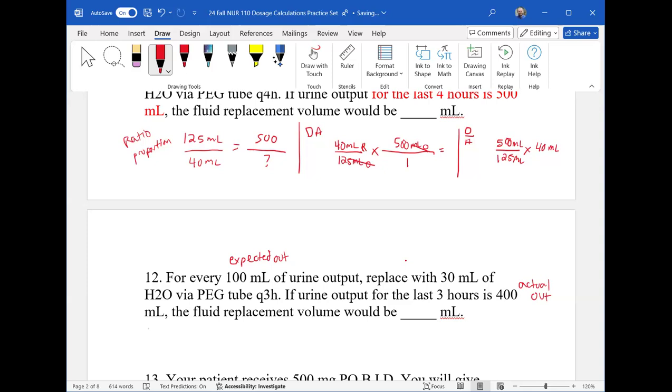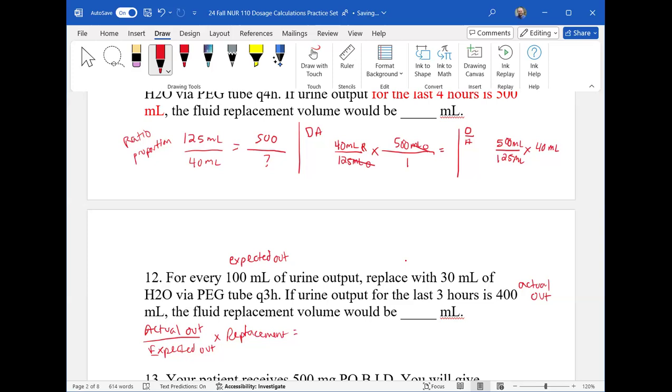The way I try to explain this, and at least it helps me keep it organized, is you're going to take your actual out divided by your expected out, and then multiply it by the replacement volume. When you do that, you'll get the right number.